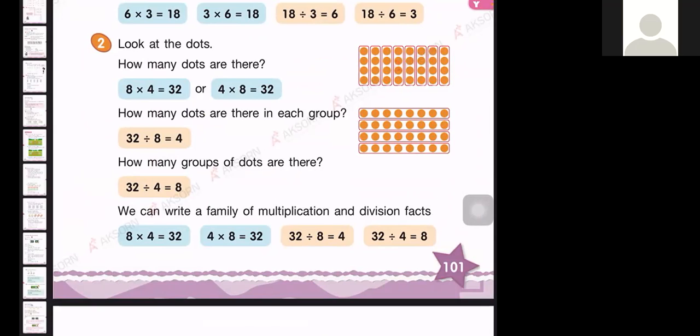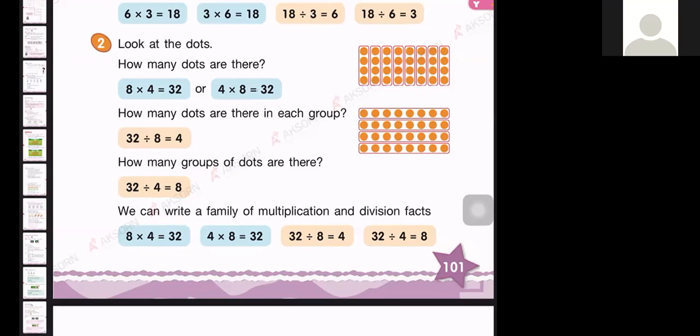Very good. We have 4 dots. So now 8 times 4 equals how many? 8 times 4 equals 32. So now it is also the same with 4 times 8.